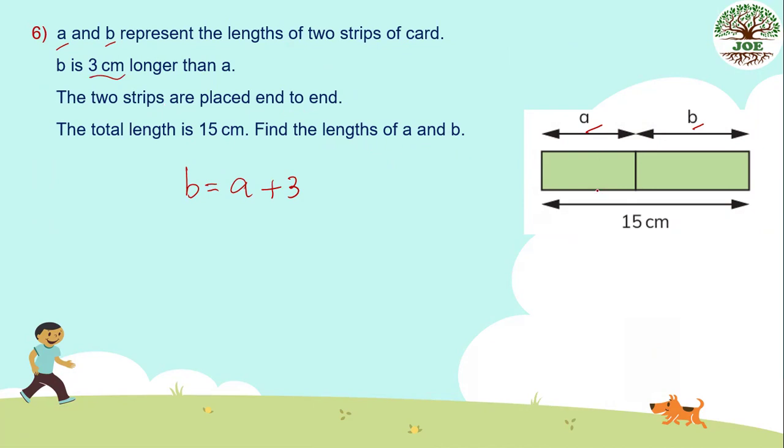So here, the total length is the sum of A and B. It is 15 centimeters. A is A and B is 3 more than A. So A plus A plus 3 equals 15.